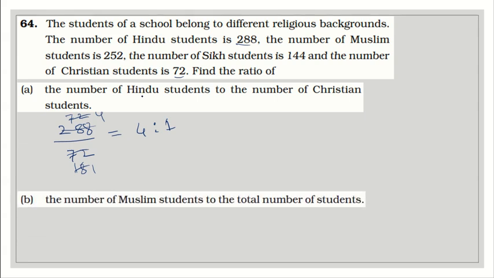Moving on to sub-question B, the number of Muslim students to the total number of students. Here the number of Muslim students is 252 out of the total number of students.